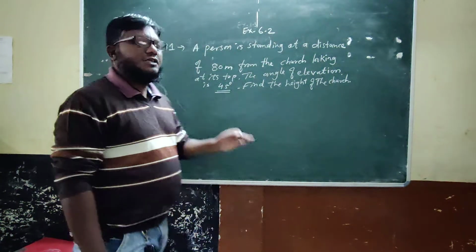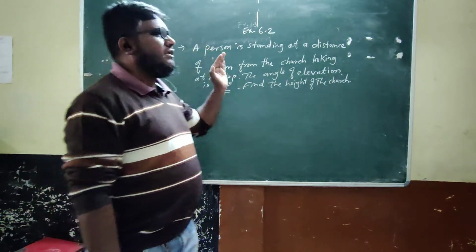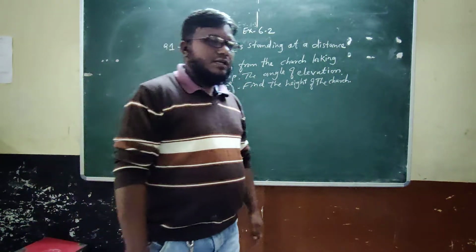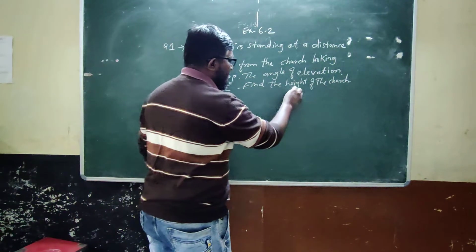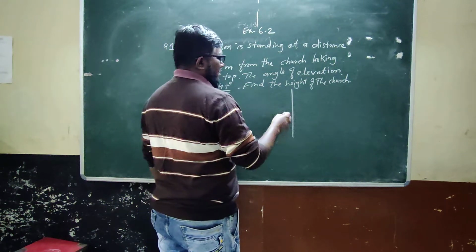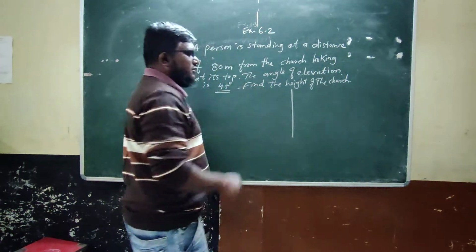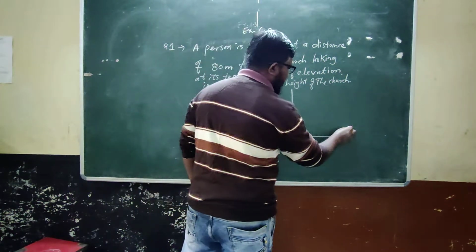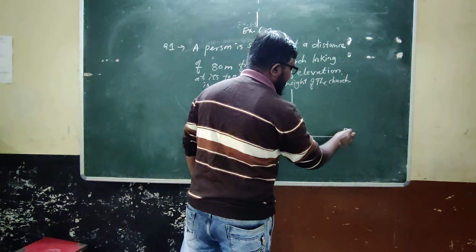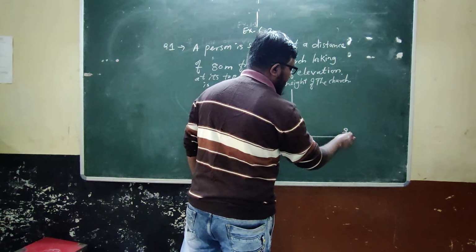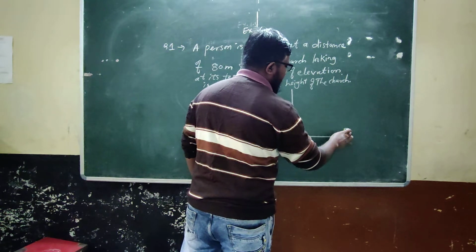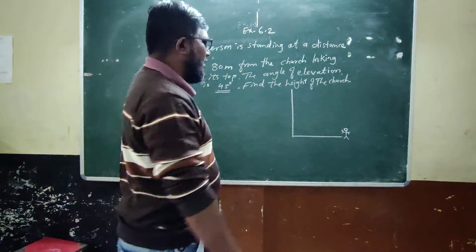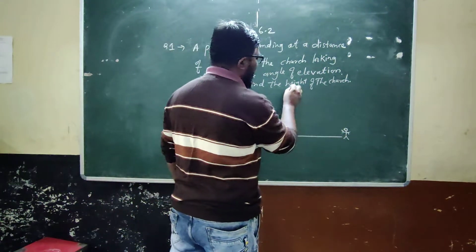Now, dear students, keep in mind, always while solving examples regarding trigonometry, we have to consider a right angle triangle. Now I am making one right angle triangle here. This is the height of the church, and one person is standing here, and he is looking at the top of the church.